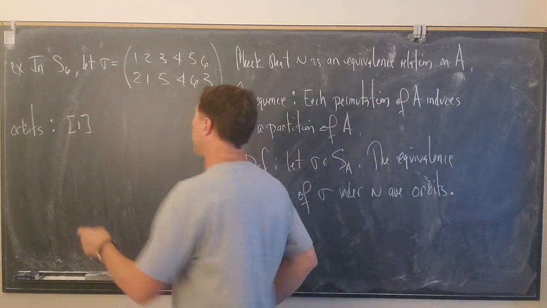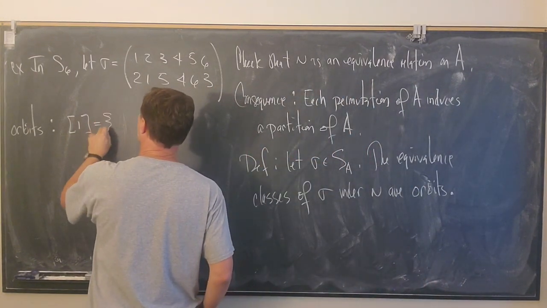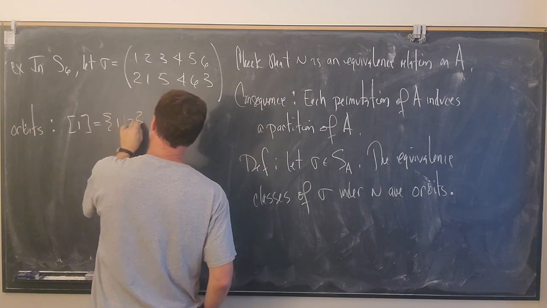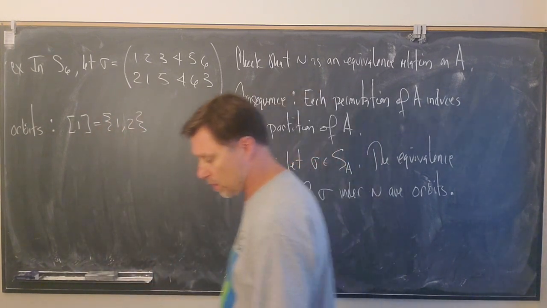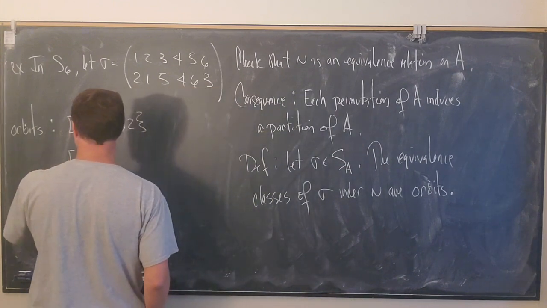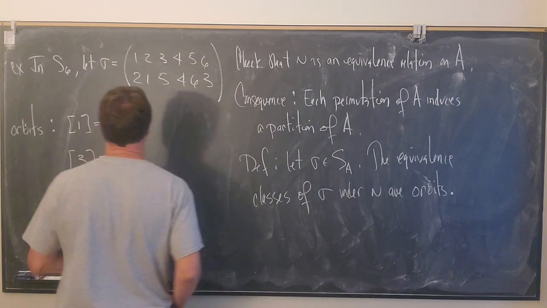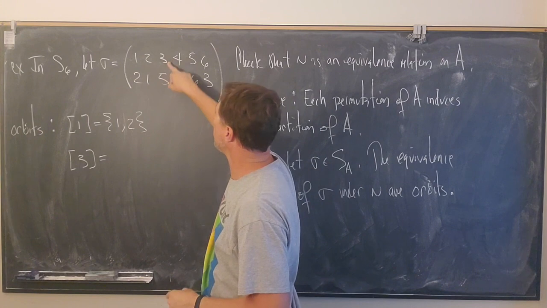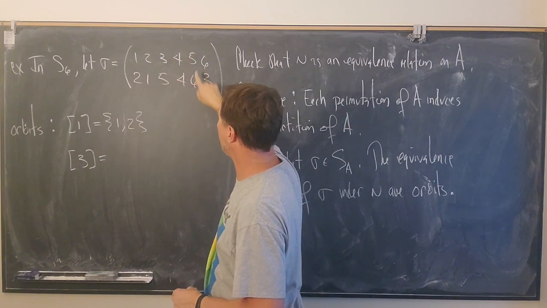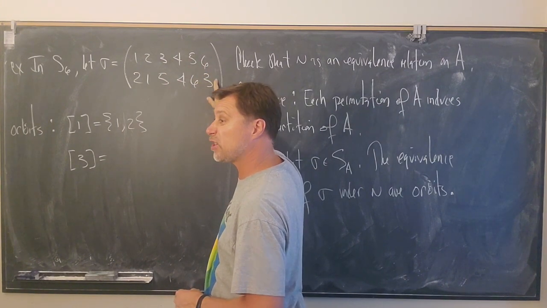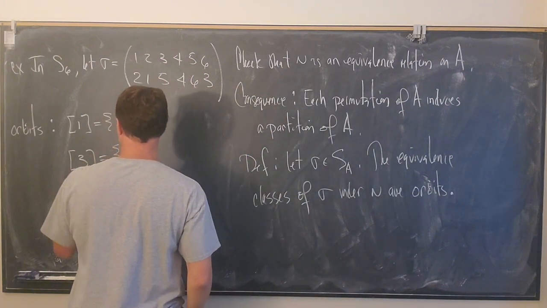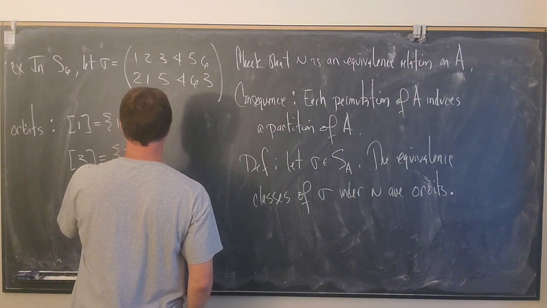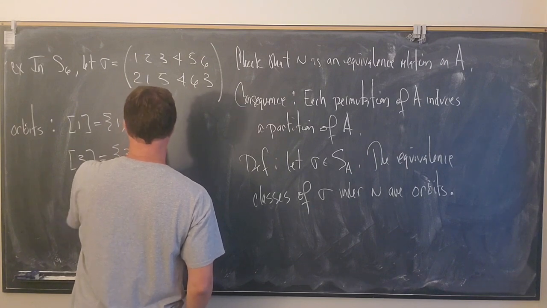So the orbit corresponding to 1 is the set consisting of the numbers 1 and 2. The orbit of 3: if you apply sigma to 3, you get 5. Apply it again, you get 6. Apply it to 6, you get 3. And then that's going to repeat itself. And so the orbit of 3 is going to be 3, 5, and 6.